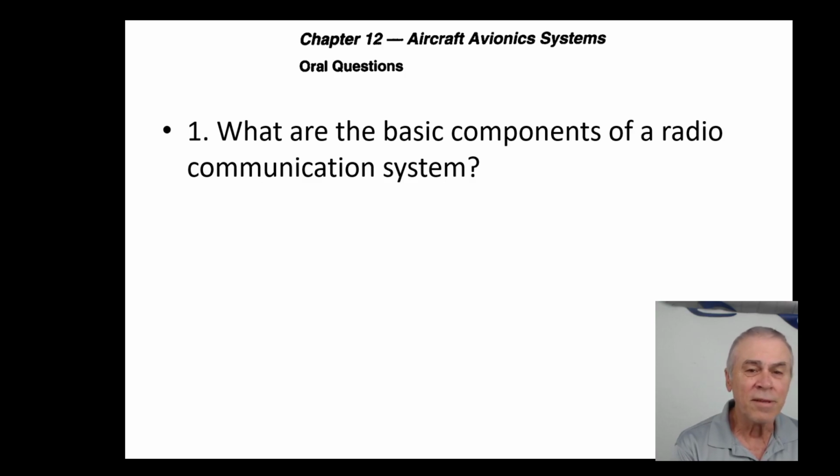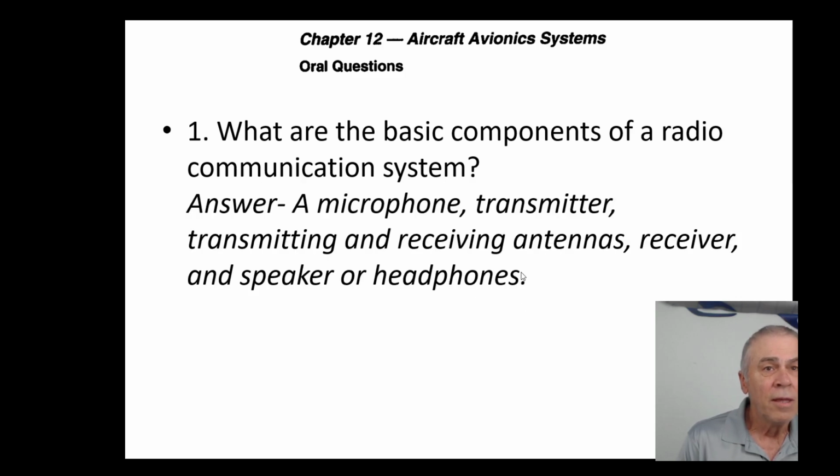The antennas, and I'm not sure, did we miss anything? Headphones, and all the wires that connect the two to the antennas. Microphone, transmitter, transmitting and receiving antennas, receiver and speaker or headphones. I think we got them all. And then some.